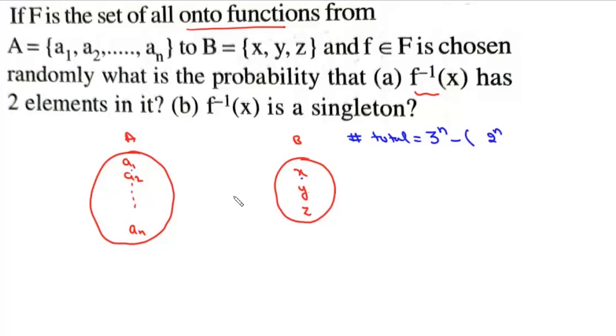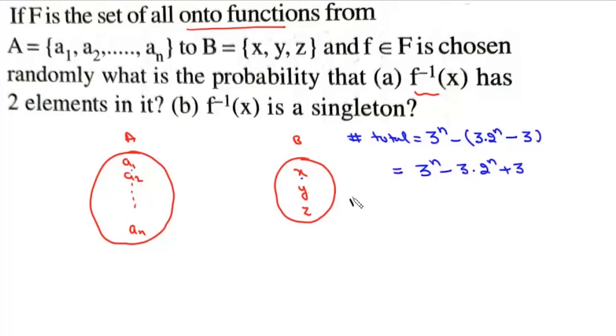For y missing, again 2 to the power n. For z missing, 2 to the power n. So it will be 3 into 2 to the power n, minus this case when 2 of them are missing. If x, y are missing, all of them go to z. So it will be this minus 3. So the total number of onto functions from A to B will be given by 3 to the power n minus 3 into 2 to the power n plus 3.